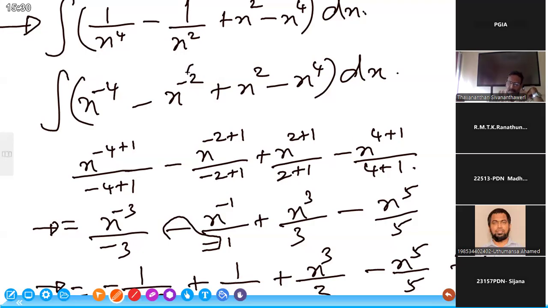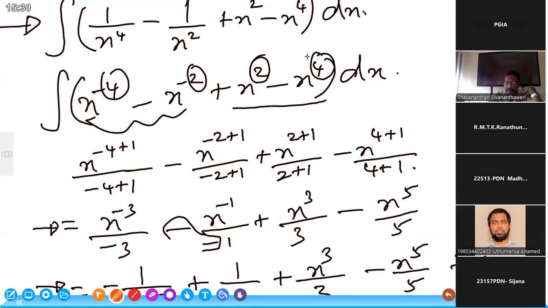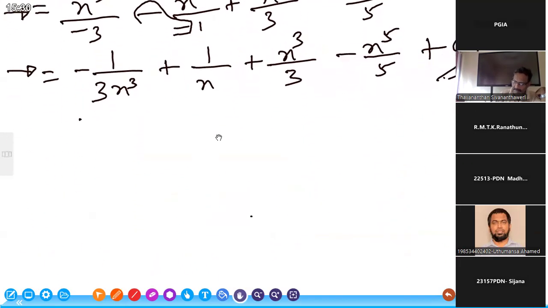Right. This is 1 over, this is also 1 over. So you can say 1 over, and if you want, you can simplify these two. But these two you cannot simplify because the powers are different. You cannot simplify. Right? If it is the same power, no problem.